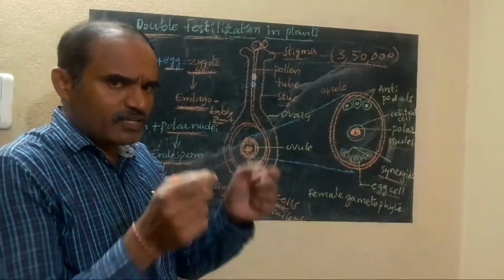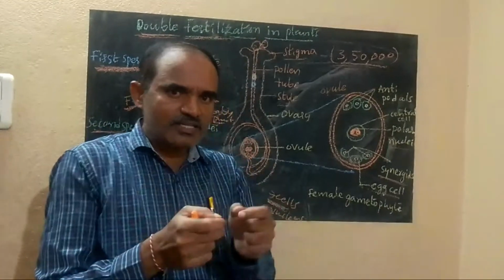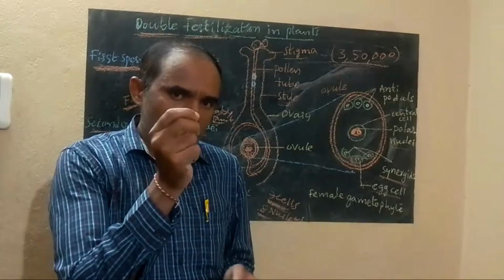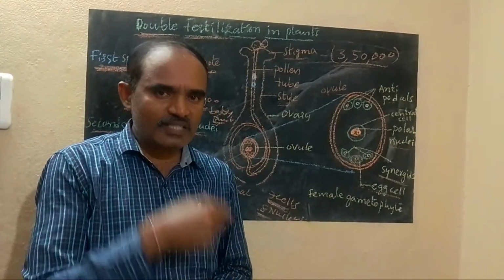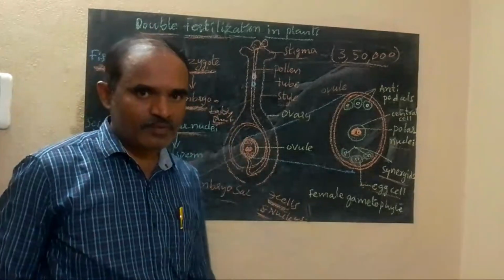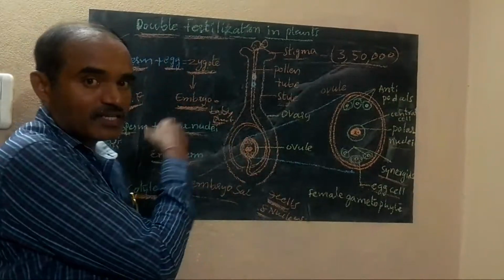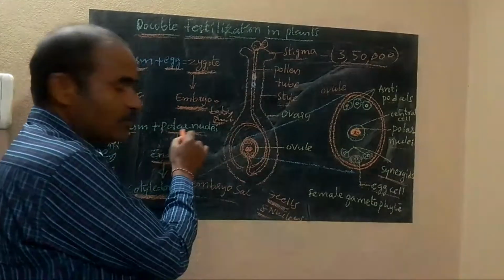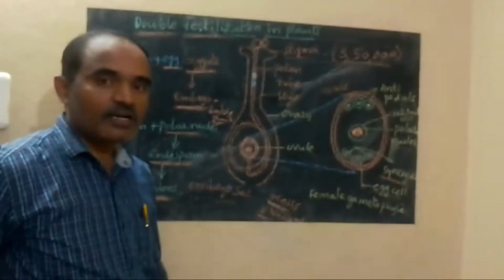If you break the seed, inside the seed you may see a small part. The part is called baby plant embryo. And in the second fertilization, the second sperm is combined with the polar nuclei and forms endosperm.